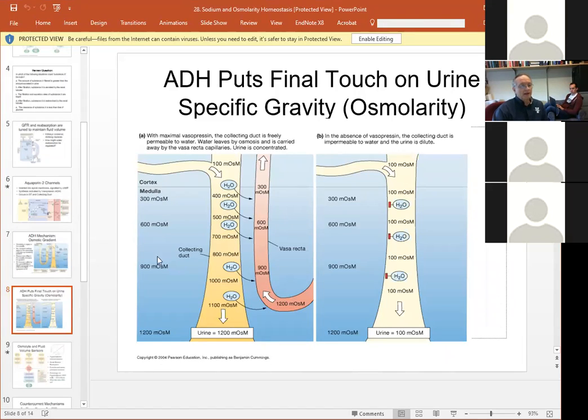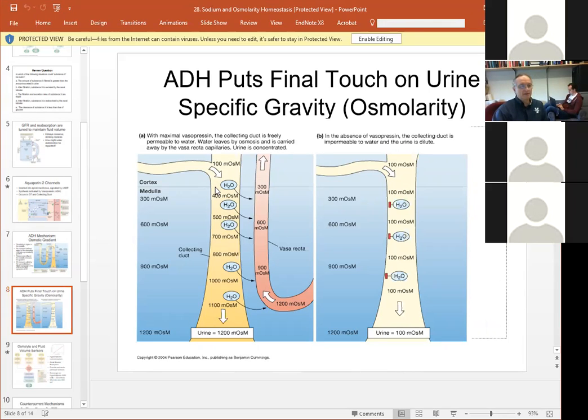Below that, the concentration gets higher and higher as you get down towards the end of the papilla in the renal pyramid, 1200 milliosmolar. Small solutes are more concentrated deeper in the medulla, but then it gets dilute.